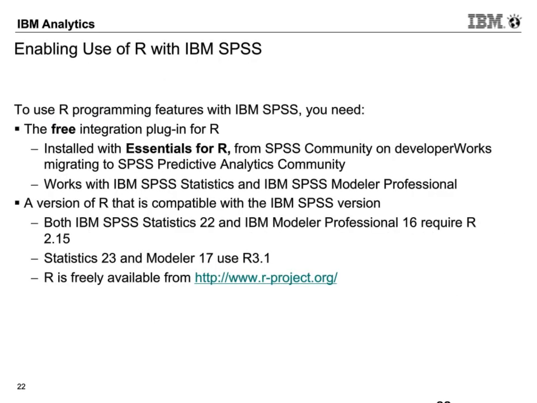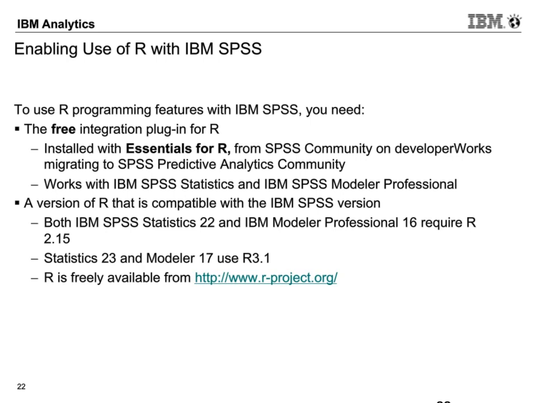So to recap, enabling the use of R within statistics, you need to install the plugin, which is part of what we call the essentials, from the website, which eventually will be migrated. You also need to install a compatible version of R if you don't already have it.